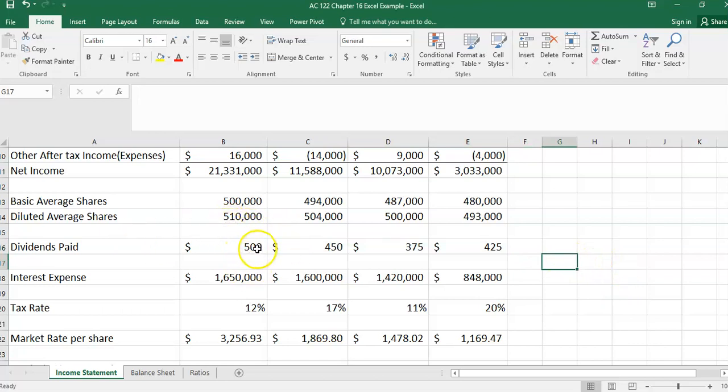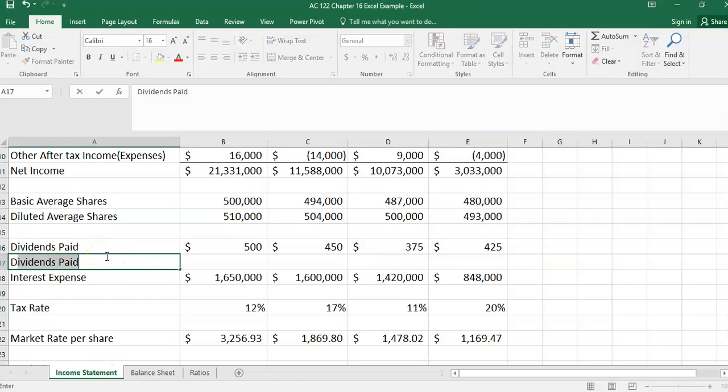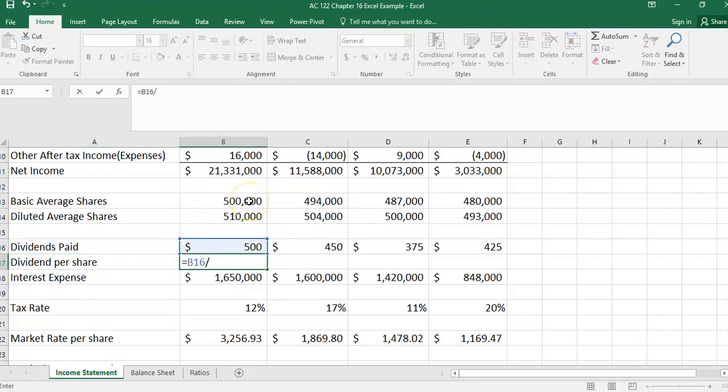So for the dividends paid, the number you're given is total dividends paid. And what you want to calculate is the dividend per share. So we would take the total dividends paid divided by the number of outstanding shares.